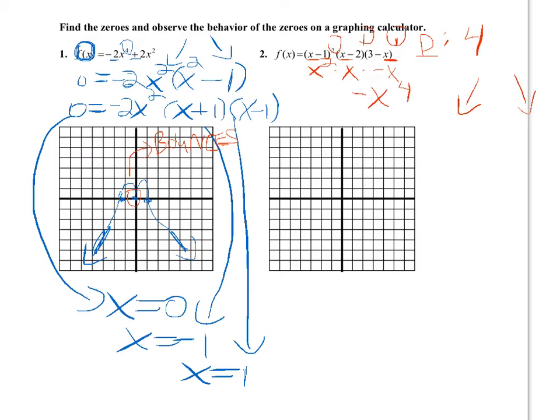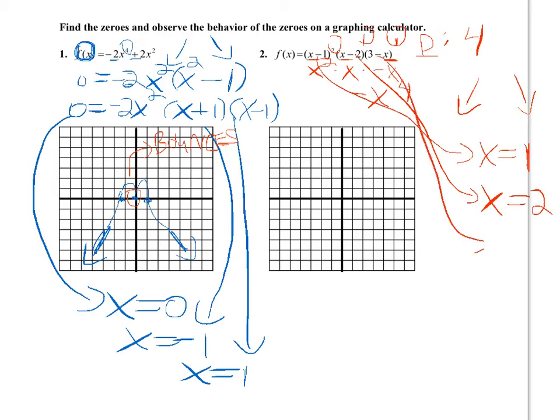So for this x minus 1 quantity squared, this is x equals 1. That's a 0. For the x minus 2, x equals 2 is a 0. And for this 3 minus x, x equals 3 is a 0. So not a whole lot of work to do for this.